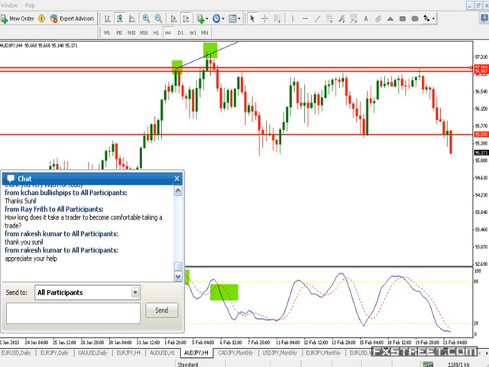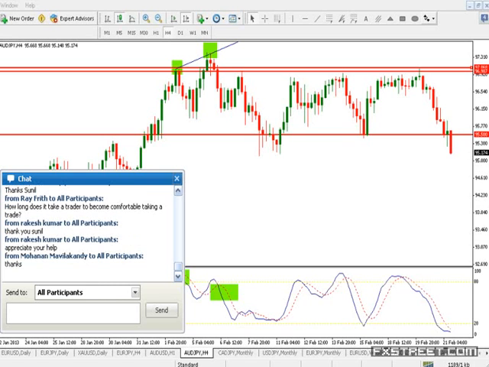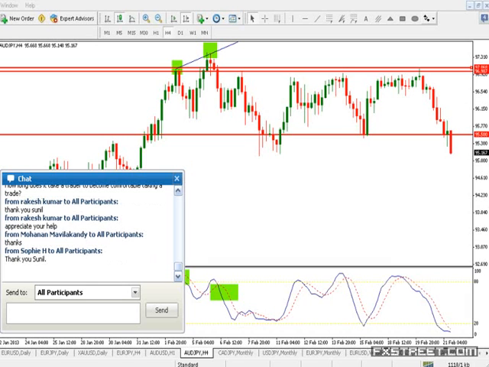How long does it take for a trader to become comfortable? Well, that's a very difficult question, Ray. It's very individualistic. But let's do an experiment. I've given you my email address. Make a plan, a very basic plan. Send it across to me, and I'll just refine it for you if you want. Make certain changes to it. Follow the trade plan for 1 month.